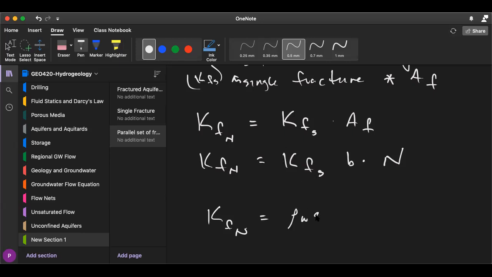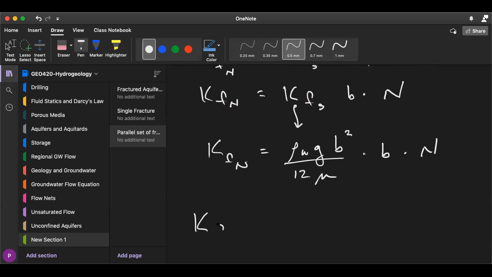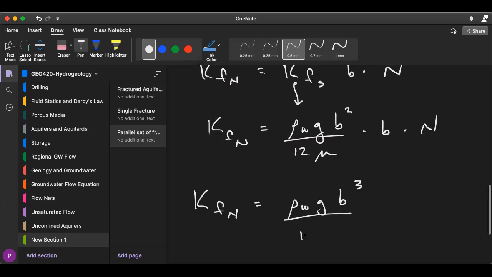That was rho water G B squared over 12 mu, times B times N. And this says that the hydraulic conductivity of a fracture network is rho water G B cubed over 12 mu times N.